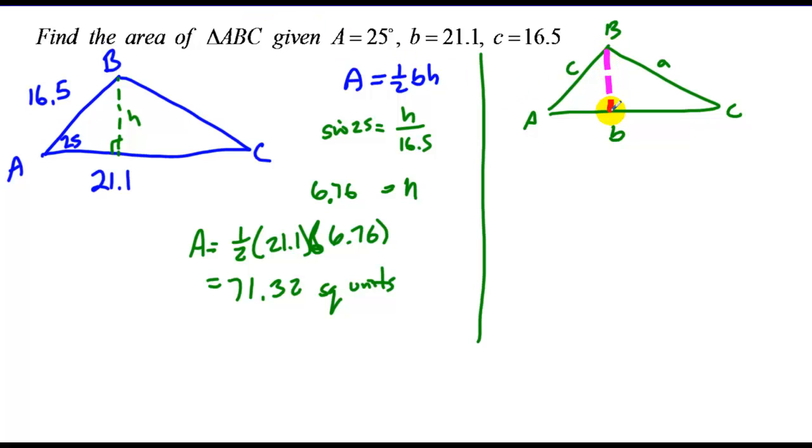And once we drop that altitude, we could say this is our height, and I'm given A, C, and B, and I want to basically calculate 1/2 base times height, which is what I did in the last problem.